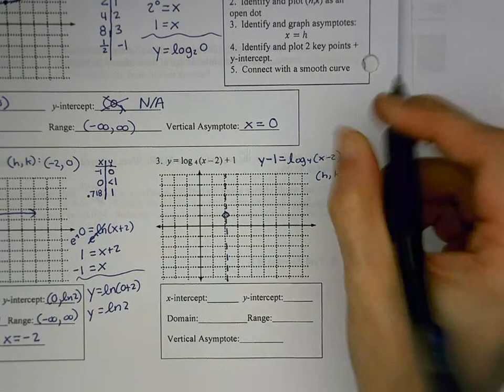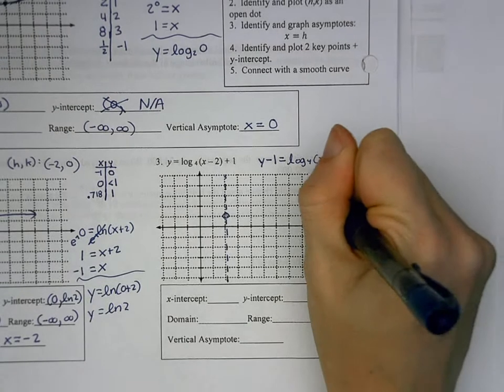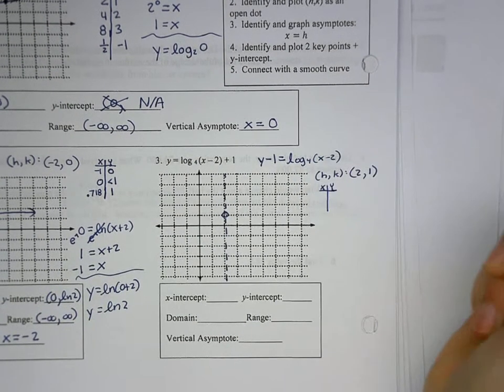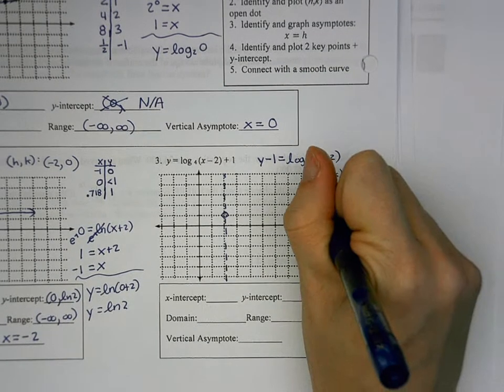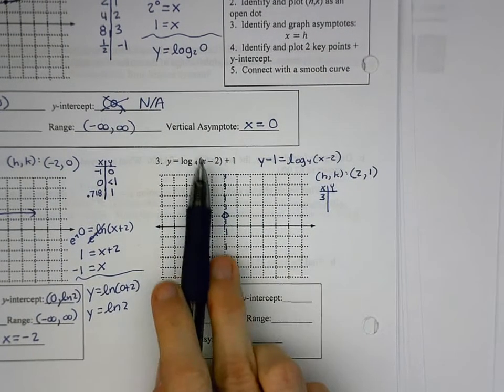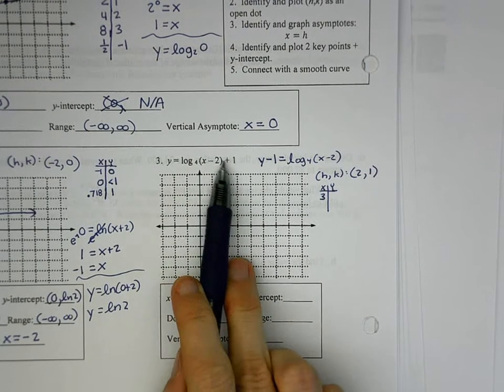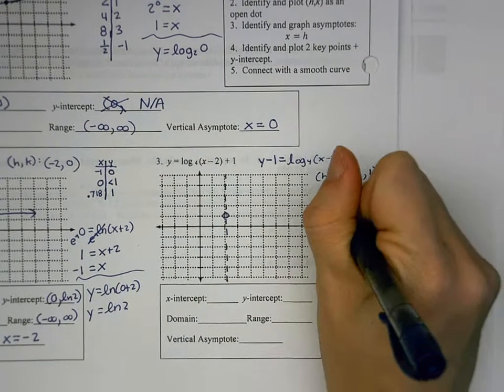Okay, for 2 additional points here, again, I always recommend starting with what would give me 1 inside my log. Well, in this case, 3 would give me 1 inside my log. 3 minus 2 would be 1. So log base 4 of 1 is 0, plus 1 is 1.